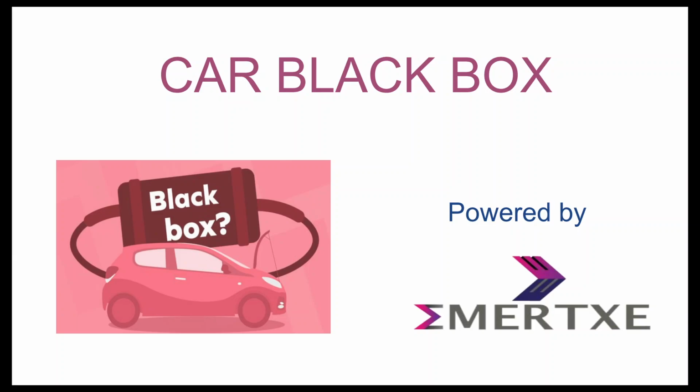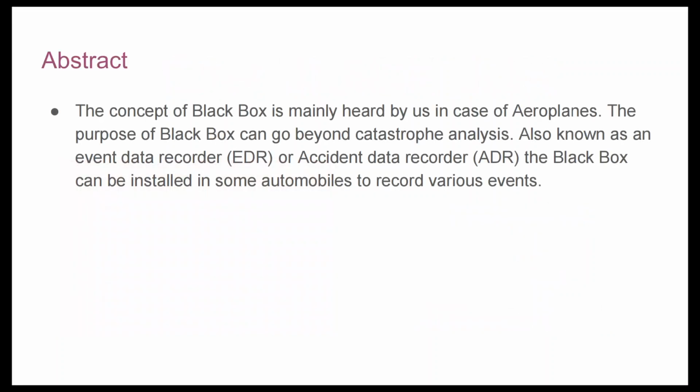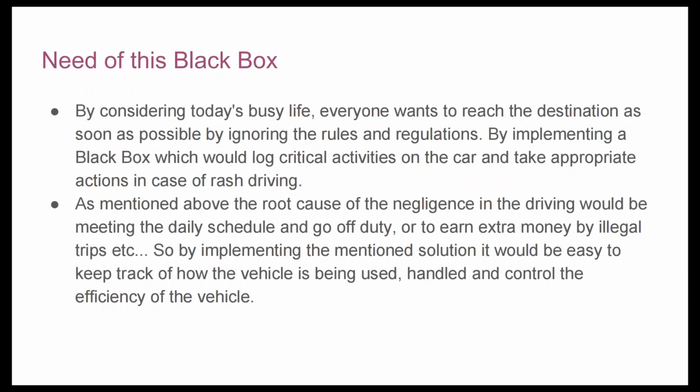As we know, our project is a car black box. A black box was actually used in planes, but now we are going to implement it in our car. We have seen the abstract and the need of the black box.